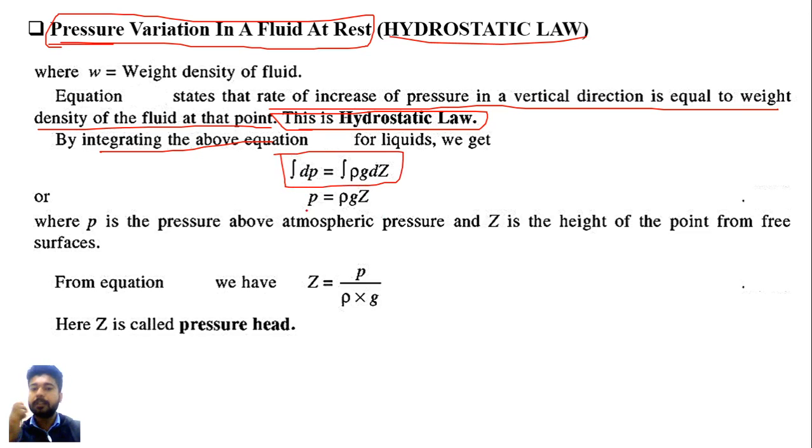Here the integral of dP is P, and the integral of dZ is Z. So P equals rho g Z. In many books there is an H in place of Z. You can see different nomenclature for this Z in many books. Z is the head in meters.